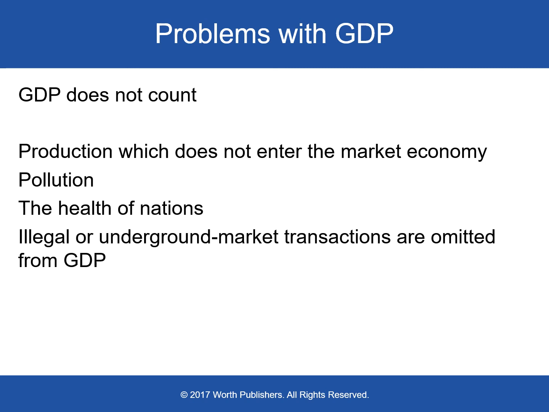So really, GDP is not good for measuring a general concept of how healthy people are in a country. And of course, illegal or underground market transactions are completely omitted. It's possible to guess what they might be, but it's not measured directly. But illegal underground market transactions are just not counted.